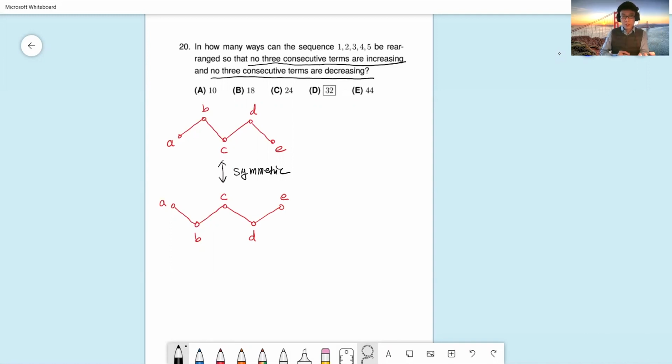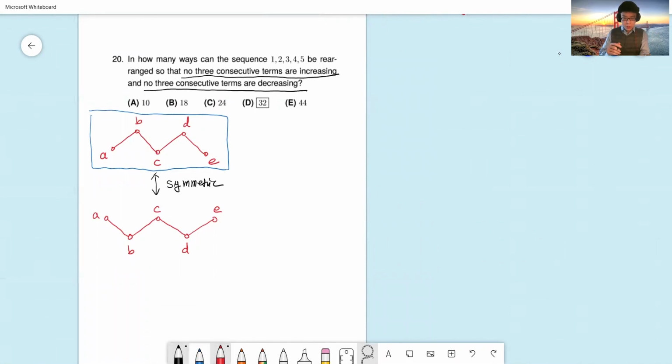That means each case has the same number of valid sequences. We can just flip, right? So here, let's just consider the first case and multiply the number by 2.